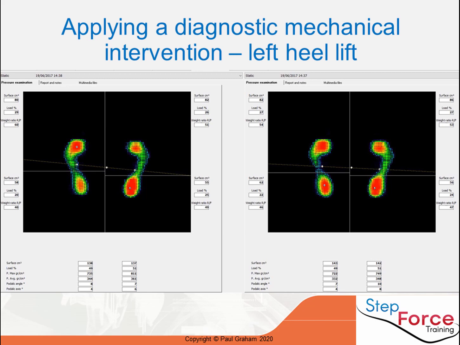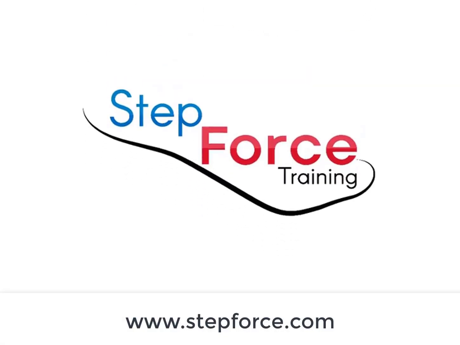And so we don't want to keep the asymmetry. We expect the condition to improve. And again, using plantar pressure is a really good way of measuring that improvement to make sure that we're helping, not making things worse.